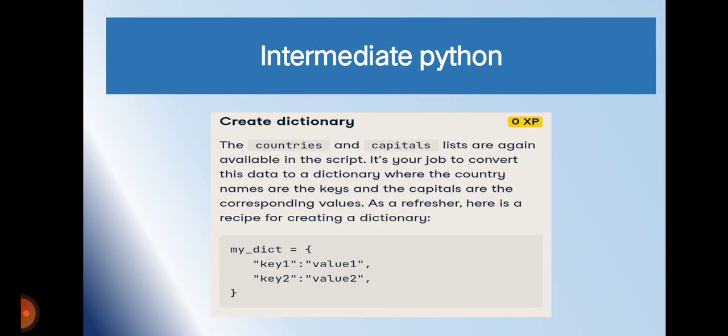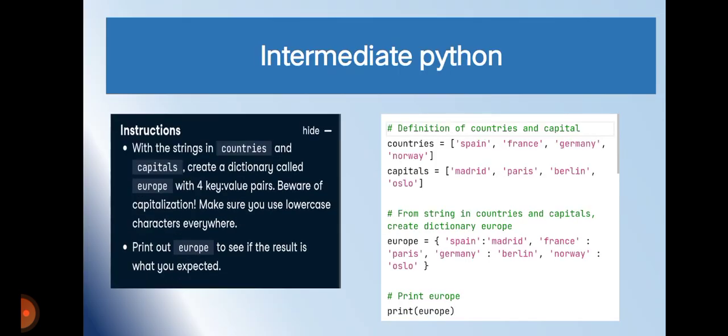Let's say we call it my_dict, which will be equal to key1 value1, key2 value2. Key1 means countries and values means capitals. So country1 will be equal to the capital value, and country2 will be equal to value2. Let's take an example of this.